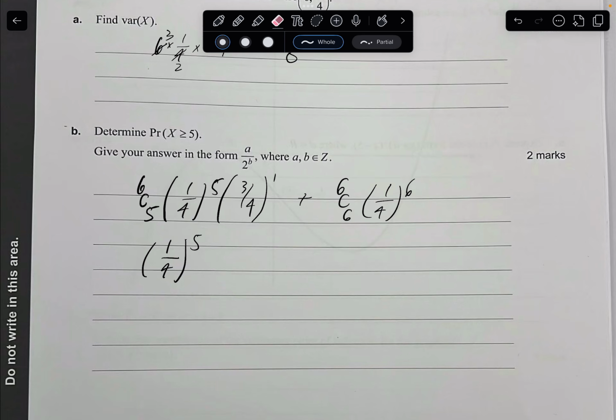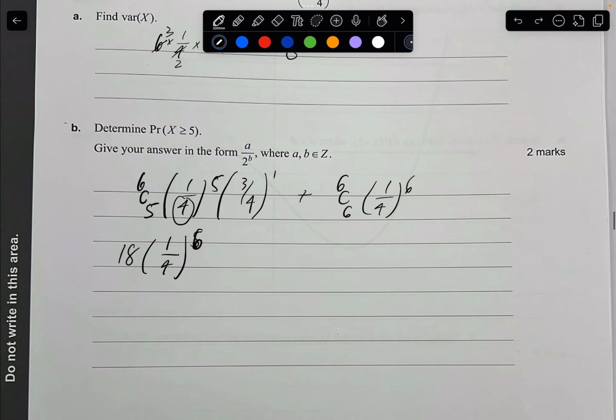So that will be 18, 1/4 to the power of 6, there's another one. So the 4, 4, 5, 1, those make 4 to the power of 6. And then the 1 to the power of 6 is just going to be 1. So it's 1 over 4 to the power of 6.